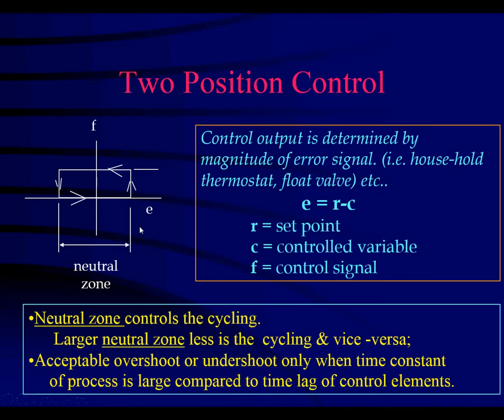In this case, the control output is determined by the magnitude of the error. So you see that the error is R minus C. R is the set point, C is the control variable, F is the control signal. So you will have the error here.